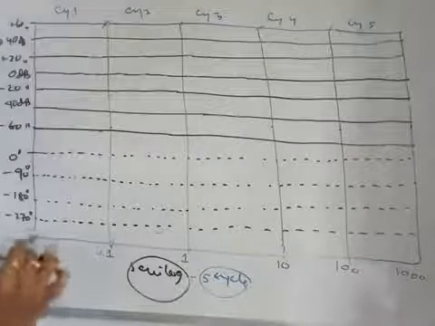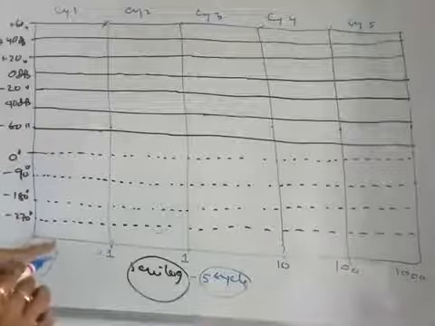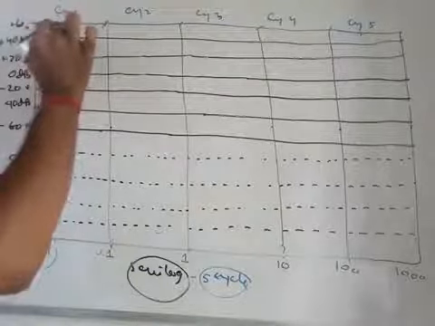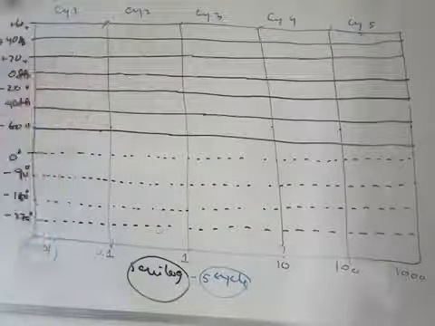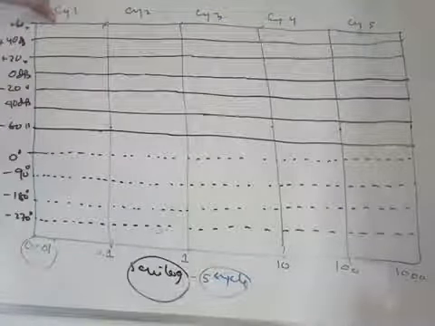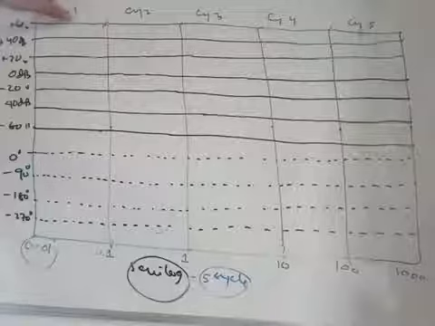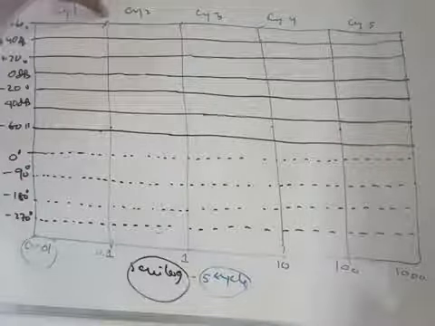If there are 10 divisions, then if this is 0.01, the next point is marked here. In the real graph you will see a mark like this. So this is 0.01, this point will be 0.02, 0.03, 0.04, 0.05, 0.06, 0.07, 0.08, 0.09 and 0.1.